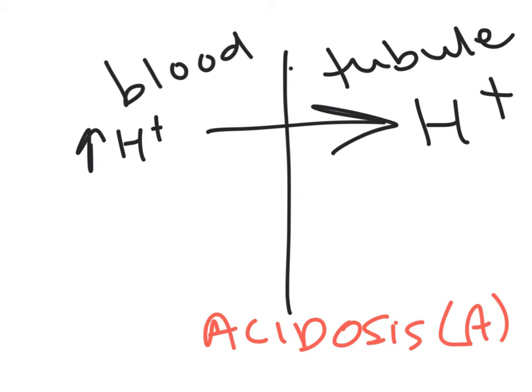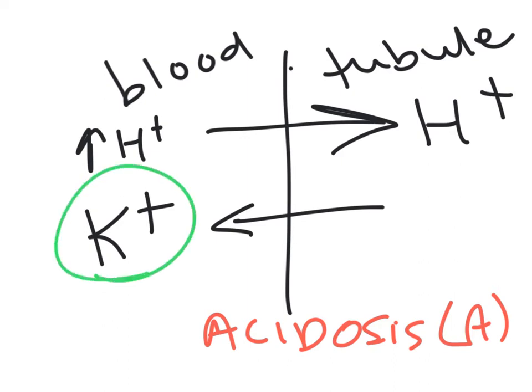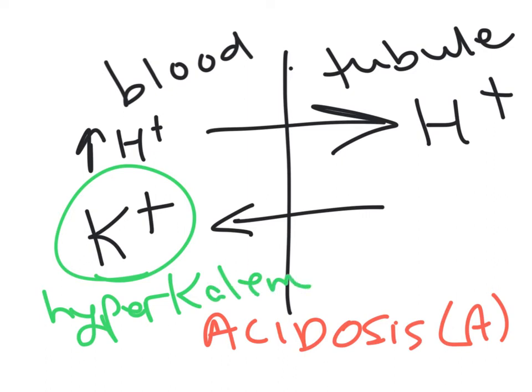What happens is that hydrogen ions are being secreted. Potassium ions are being reabsorbed. This increases the potassium levels in the blood and is going to lead to hyperkalemia. Okay, and as we discussed, hyperkalemia can lead to a variety of problems, including cardiac arrhythmias.